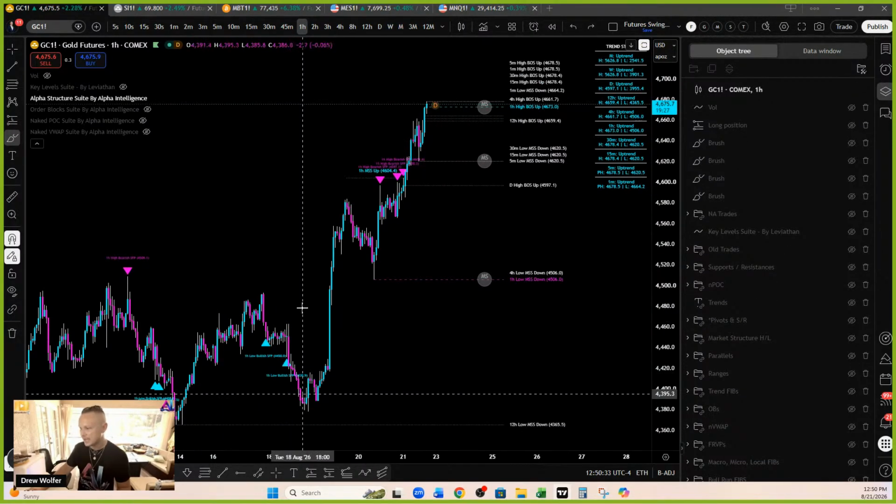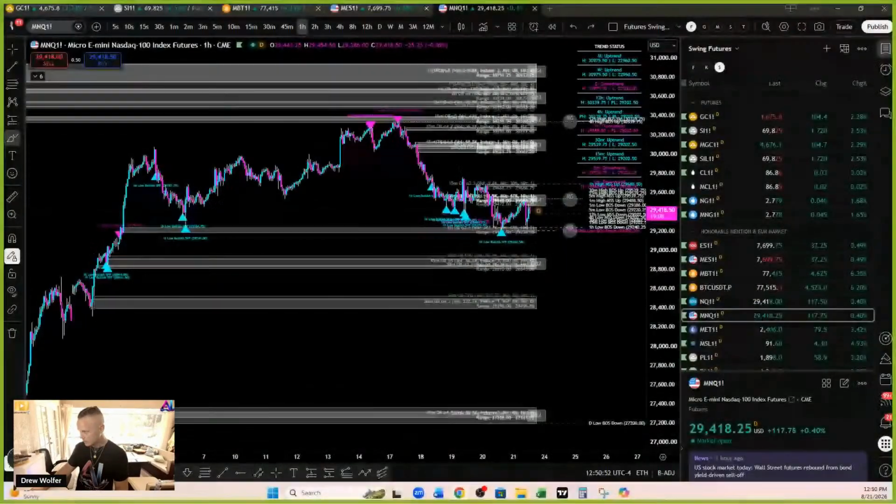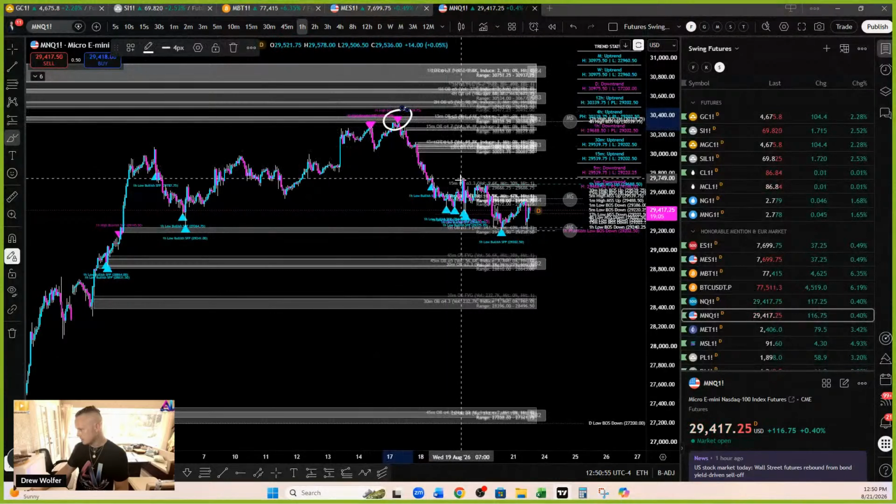So by understanding what a swing failure pattern actually is, you're not just going to take the trade every time a triangle pops up. You're going to look for the divergence, especially if that triangle is not popping up inside of the box, okay?